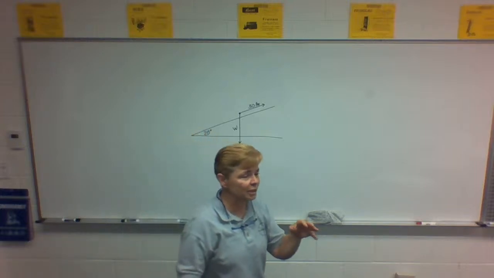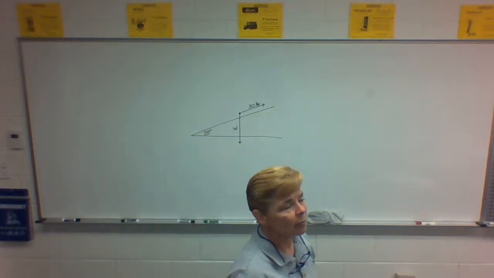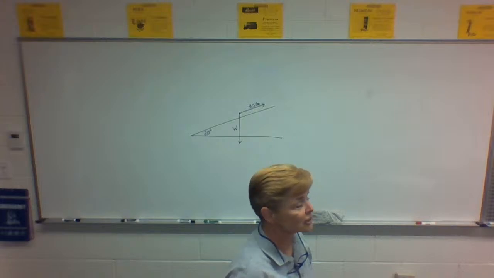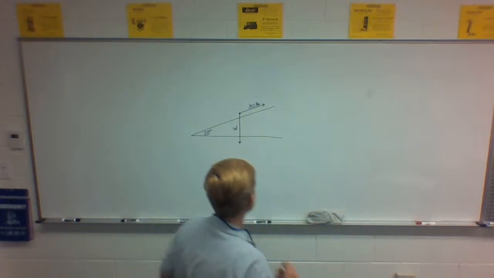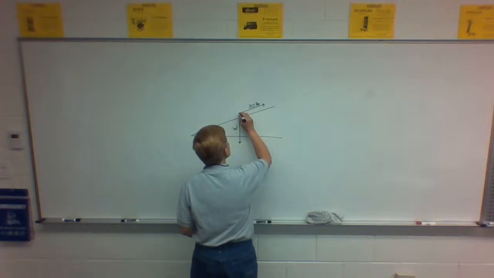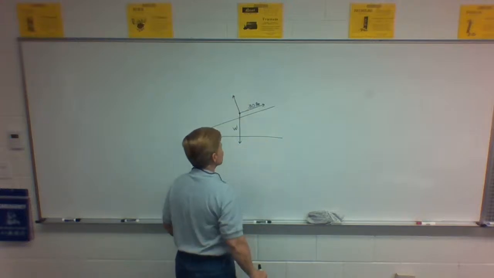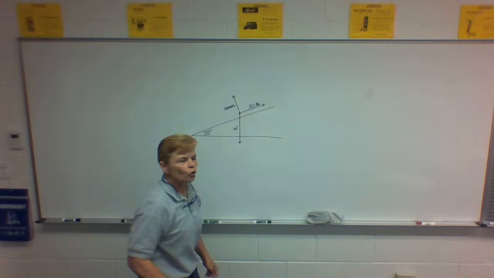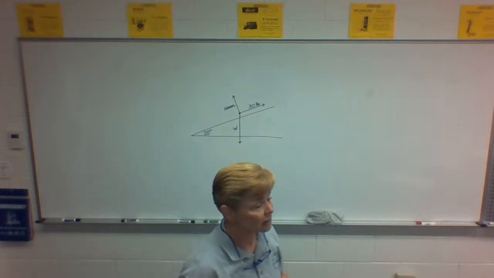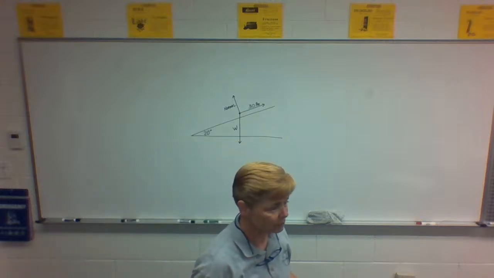Yes, I understand what you're saying because this is the way you're thinking. It is the rollers. It is the ramp. It is the stiffness of the ramp. It is the support of the ramp. But that ramp is acting in this direction to keep it from sinking. This is called the normal force. Normal is Latin for perpendicular. Perpendicular to what? The ramp.